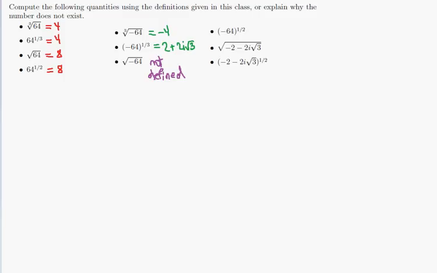And the way that we do that is negative 64, as we saw before, is equal to 64 times e to the i pi. So if I want z squared to be equal to this, then that means r squared times e to the 2i theta has to be equal to 64 times e to the i pi.